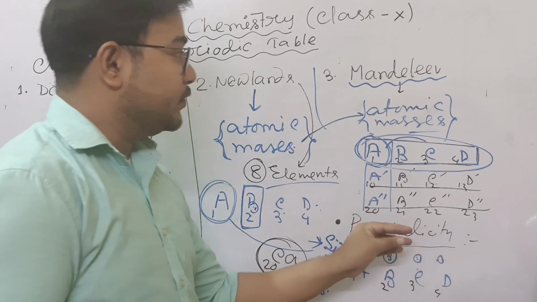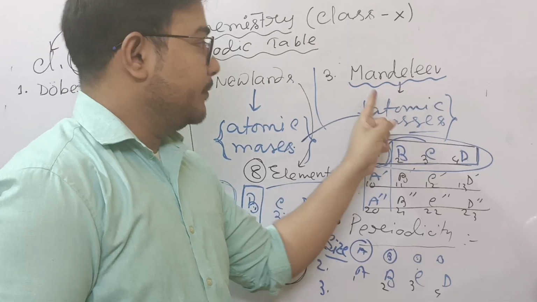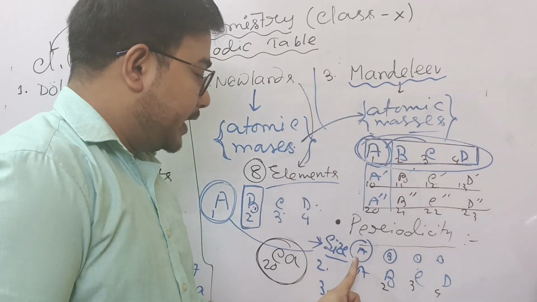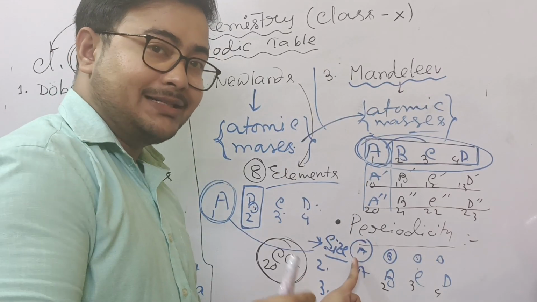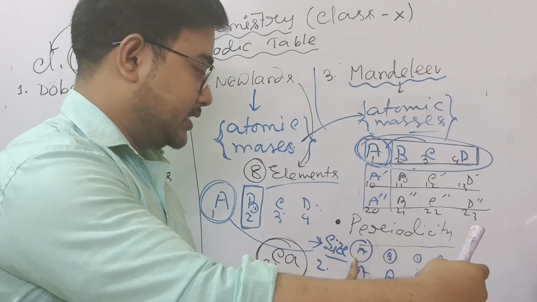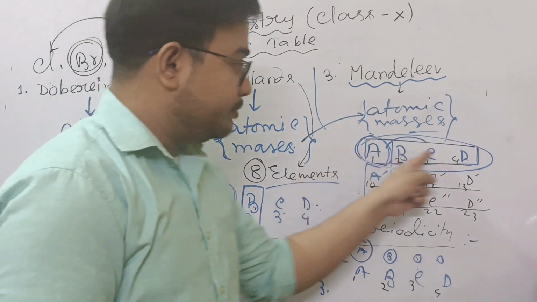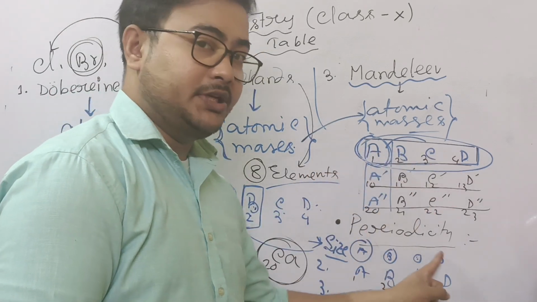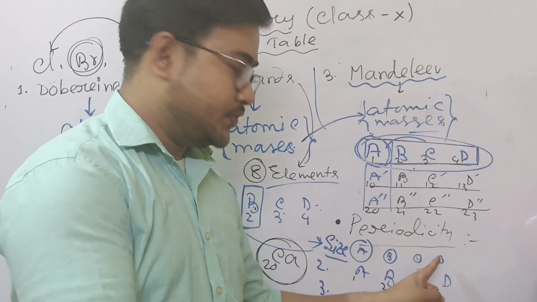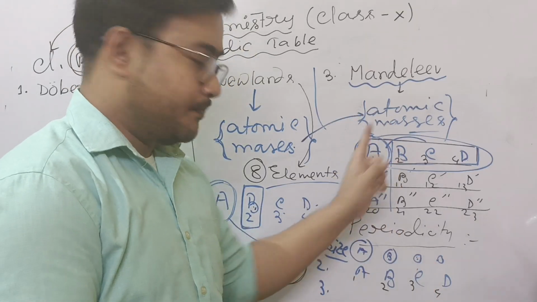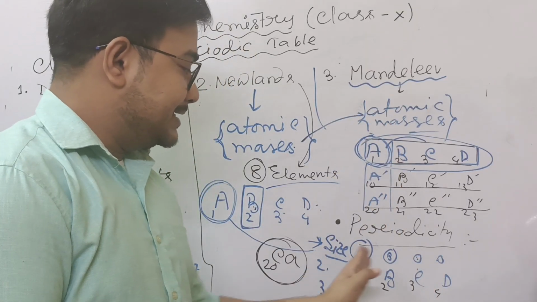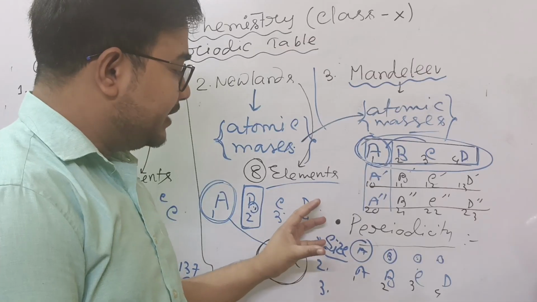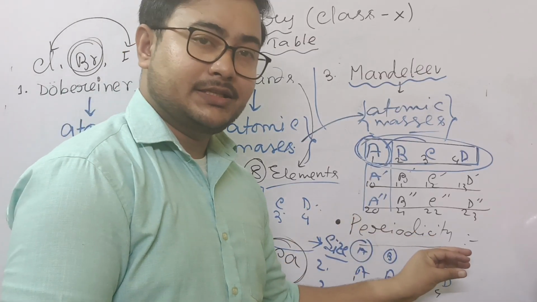So again give the focus: Mendeleev periodic law, the property of our elements is a periodic function of their atomic masses. So when we arrange the elements, their radius slowly decreases.